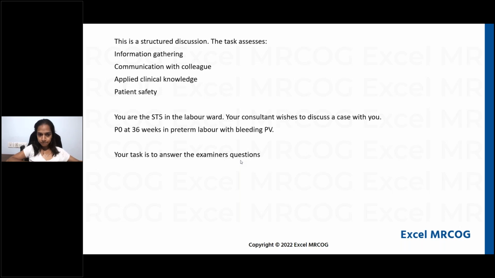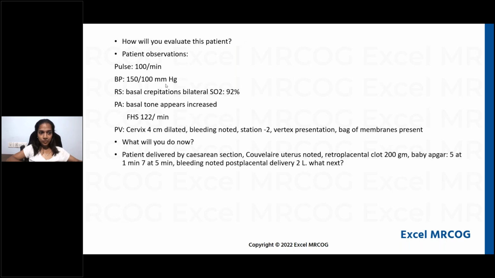One is the bleeding. The second finding that was mentioned to you was the tone, which is increased on the abdominal examination. So this is something that you need to keep in mind. Okay, so the findings that were provided to you are these. The pulse is 100, so that is tachycardia, again possibly because of the bleeding, abruption.